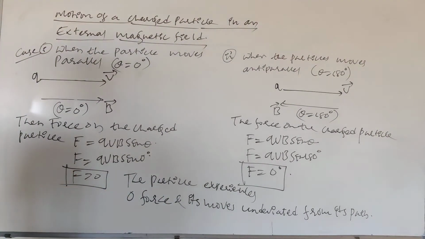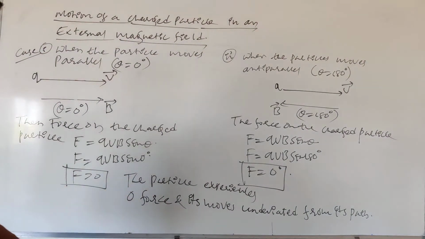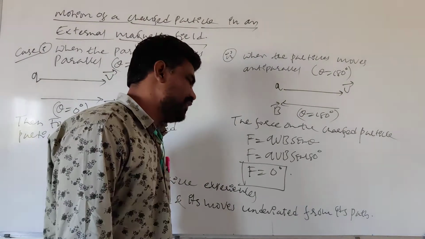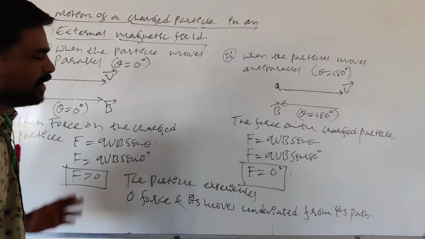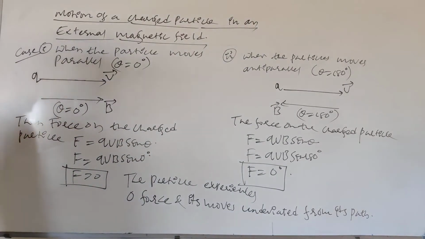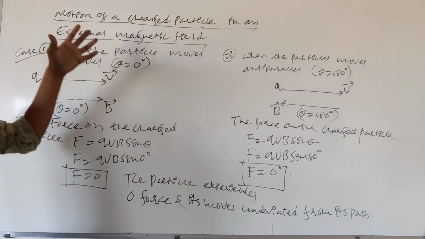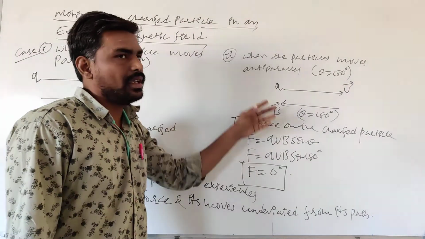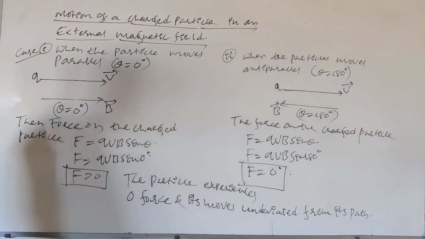Force is 0, so it moves undeviated. There is no deviation; it keeps moving in its path. Right? So this is the first case of the motion of a charged particle in an external field. Case number 1, when the particle moves parallel. Case number 2, when the particle moves anti-parallel. Right? So now the second.